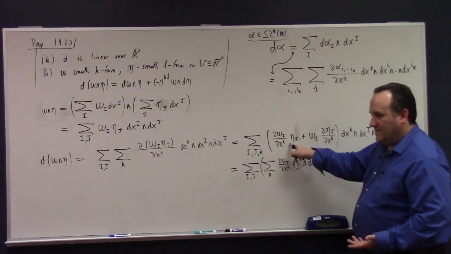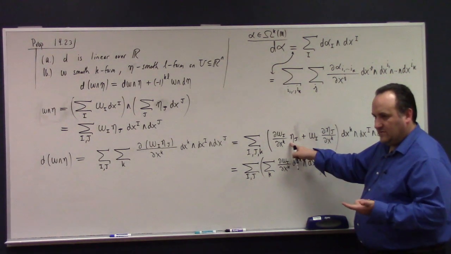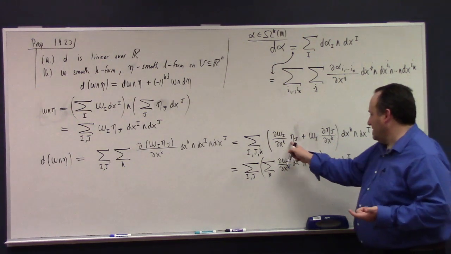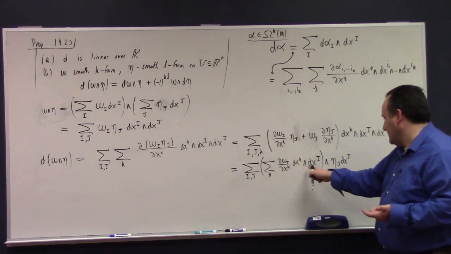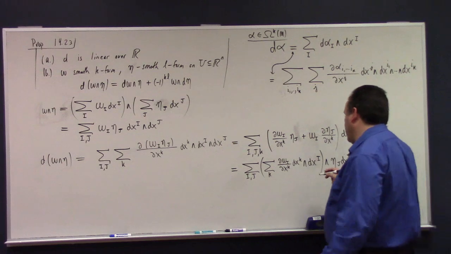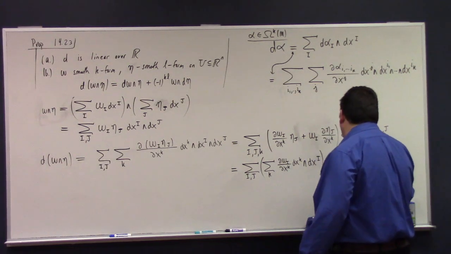We're allowed to do that because this is just a function. It doesn't cost you anything. You can move the function past the dxk without any cost. On the other hand, the other one, not so much.